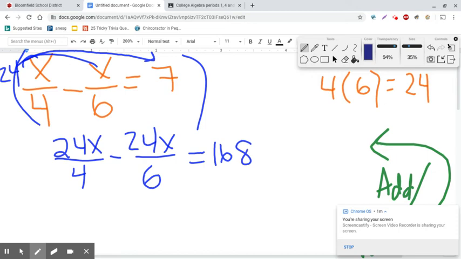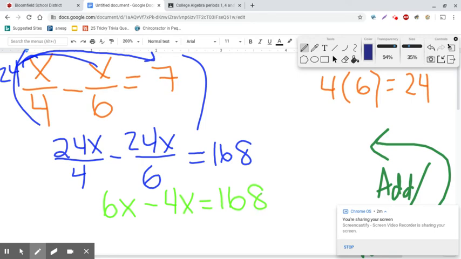From here, we're just going to simplify our fractions. 24x divided by 4 gives us 6x. Bring down your minus. 24x divided by 6 gives us 4x, and we can't simplify the 168, so we just bring that down. Now this is a problem we can easily solve.